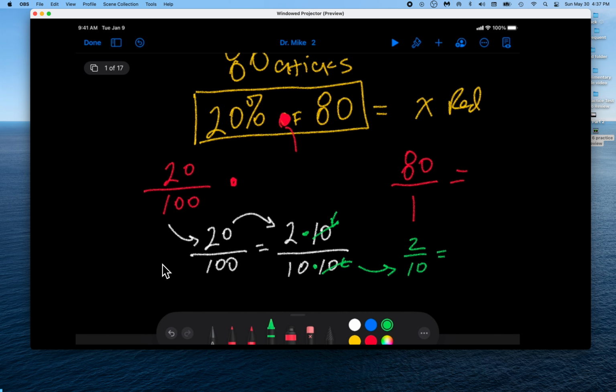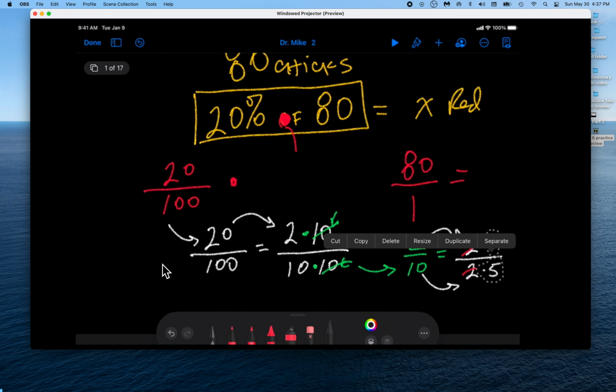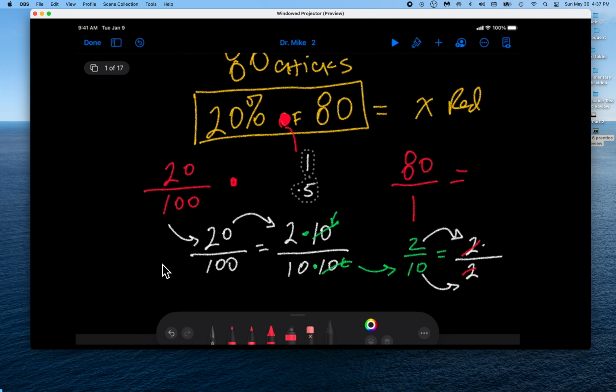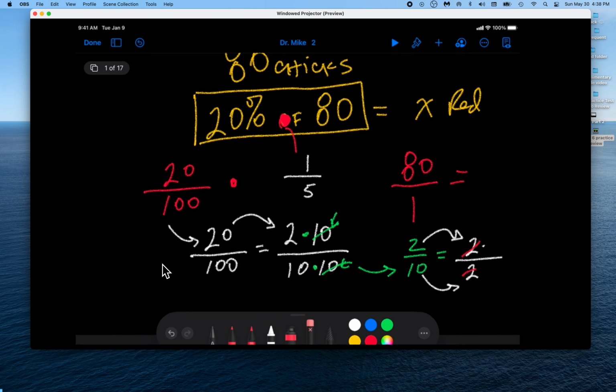We can reduce that further. The 2 is already a prime number, so that's 2 times 1. But the 10 can be reduced to 2 times 5. Now we can cross out these 2s, and the final reduction of 20 over 100 becomes 1 over 5. So now I'm going to bring this over here, and instead of 20 over 100, I'm going to use 1 over 5 to multiply by 80 over 1.